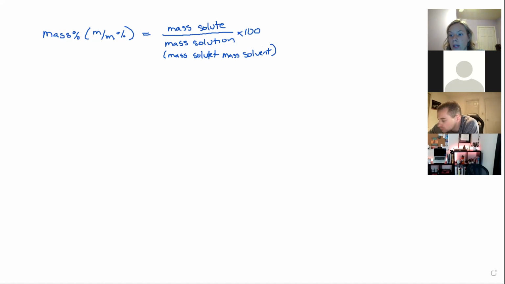And we'll do some calculations with these in a little bit, but let's get the three types of concentrations. The next one is kind of a funky one. It's called mass volume percent, which is a weird way to talk about percentage because usually they need to have the same units, but I'm just going to go with it.